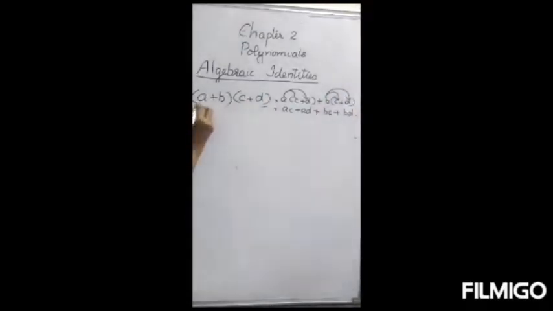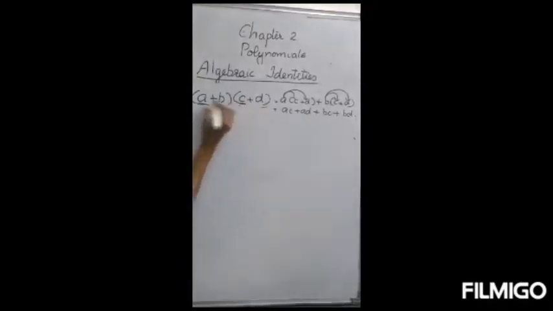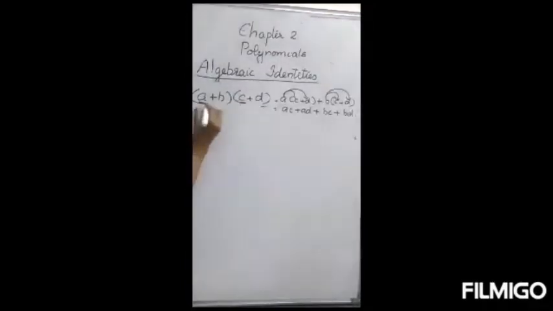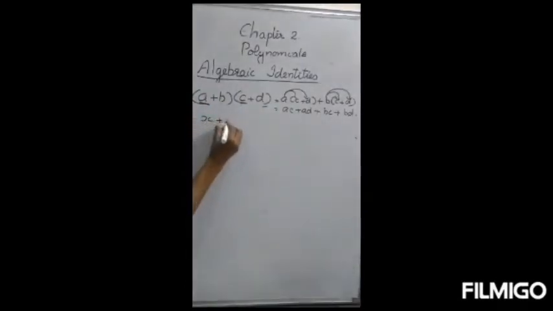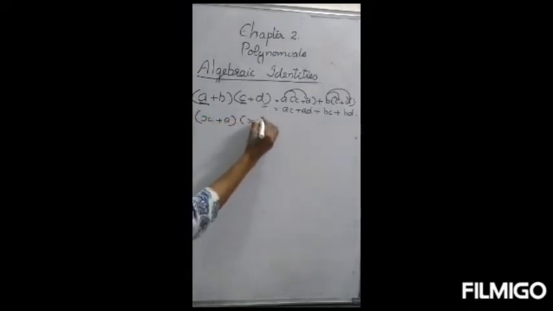Now if a and c become the same, that is, we are interchanging a and c as x, that is (x + a) and (x + b). Here the first term is the same, the other is different.